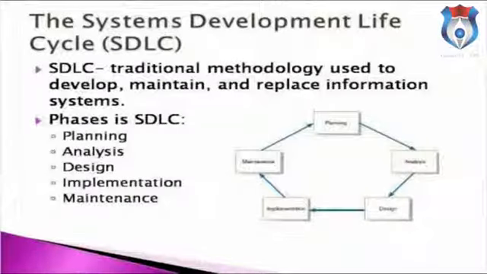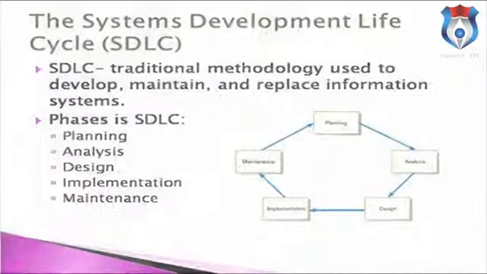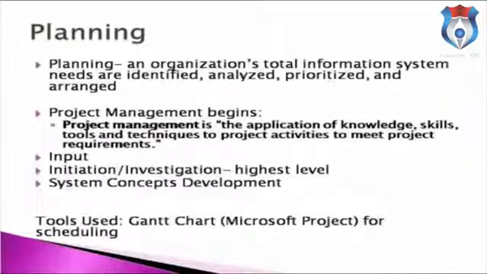Let's first touch on the Systems Development Lifecycle, also known as the SDLC. The SDLC is a traditional methodology used to develop, maintain, and replace information systems. It consists of 5 phases. These are planning, analysis, design, implementation, and maintenance. The first phase of the SDLC is planning.